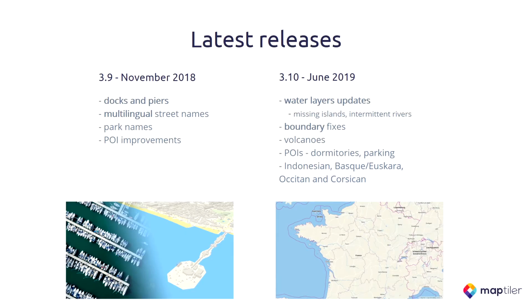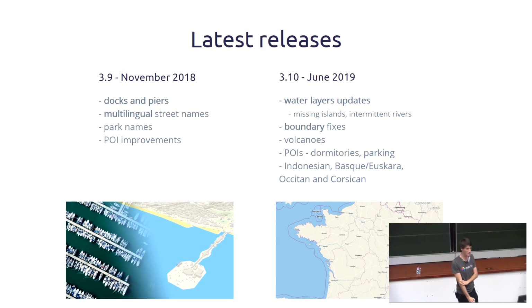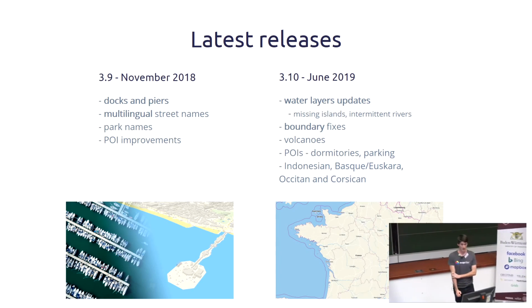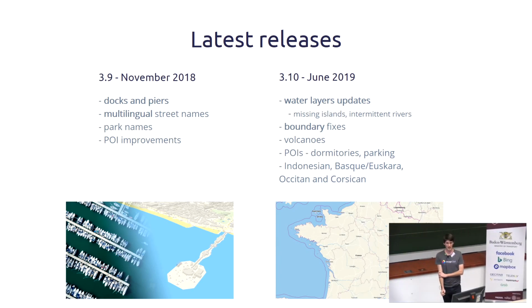Since the last presentation at State of the Map 2018, we made two releases. 3.9 in November. The biggest change was in the water part, but we also added multilingual street names. That's the case for countries like Belgium or Finland.